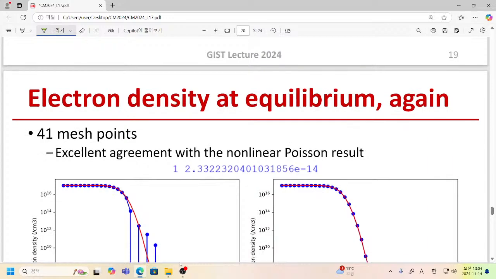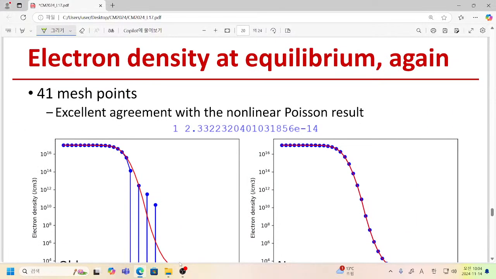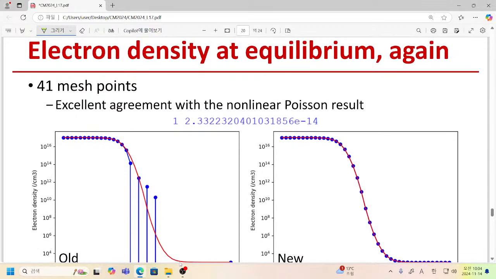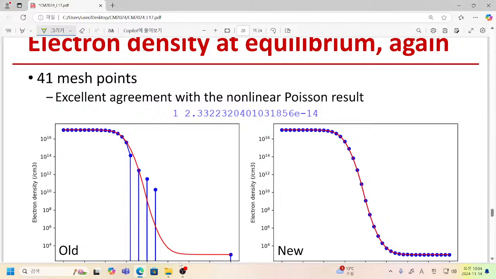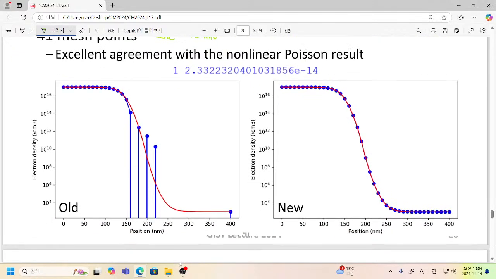For example, let me show you once again the electron density at equilibrium. 41 mesh points means that we now have delta x equal to 10 nanometer, and this is our previous result. You know that here we have a positive number, and here we have negative numbers, entirely negative values. That was a drastic failure of our previous implementation.